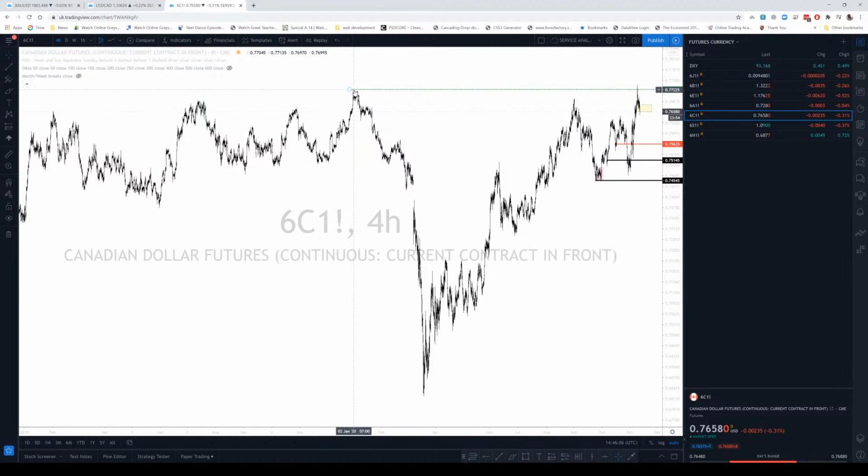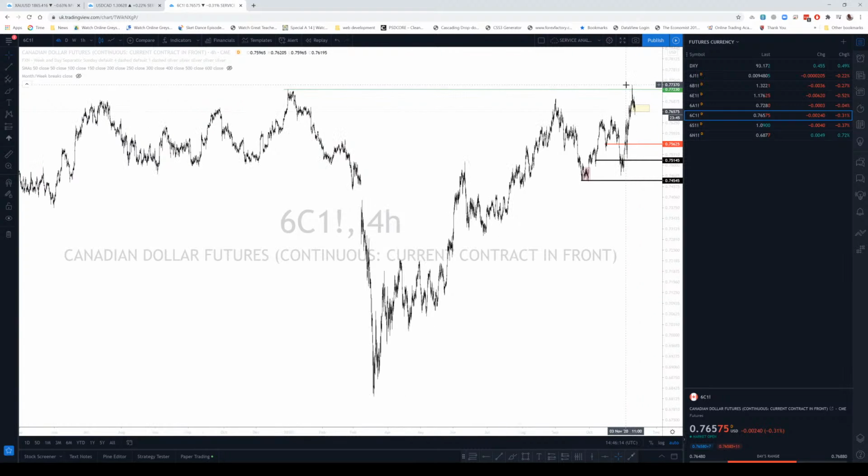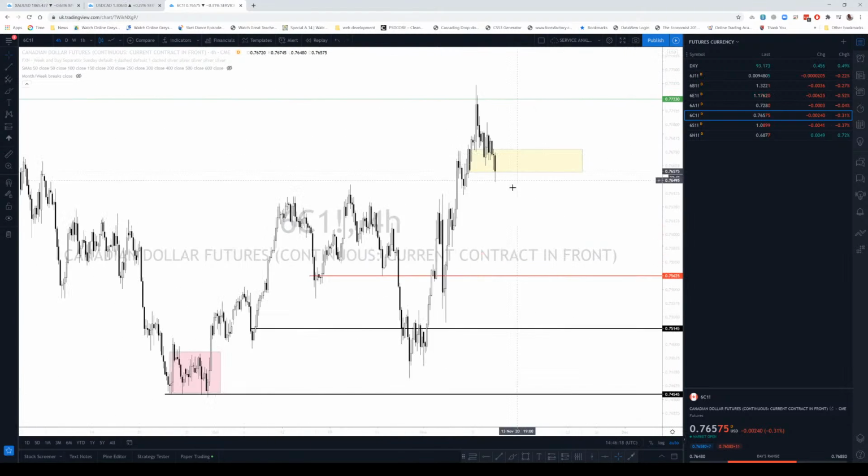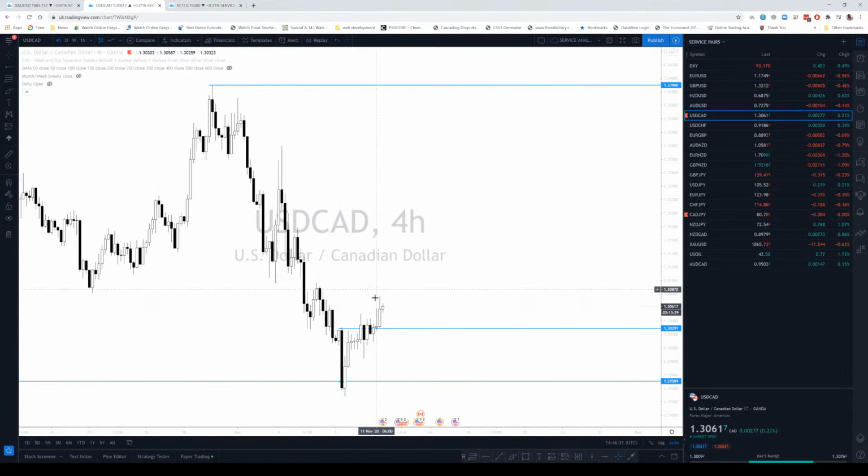Okay, we started January from here, and then we dropped all the way down there, and then we reversed and went all the way back up there, and then we've just run the stops, and we are rejecting. So once we close below this low, that will be very bearish for CAD, which is what I'm looking for, right? And once we do that, then this thing should start running to the upside.